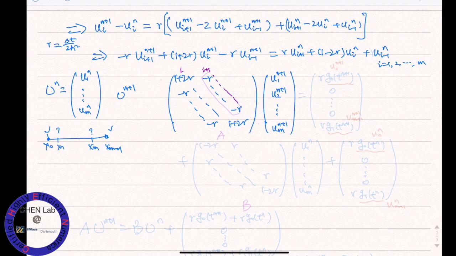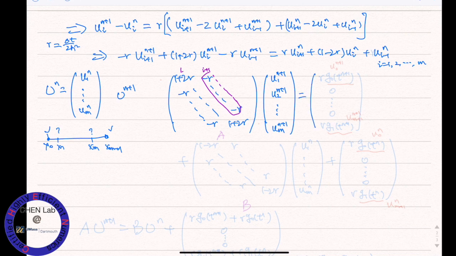The i minus 1s are on the subdiagonal, but when i is 1, i minus 1 is 0. So the same thing as we did in the steady state. There's a u_0^{n+1} term that multiplies with negative r, then move to the right hand side.